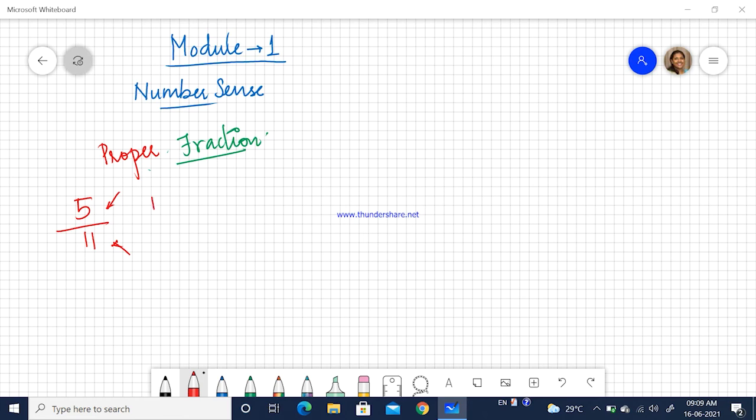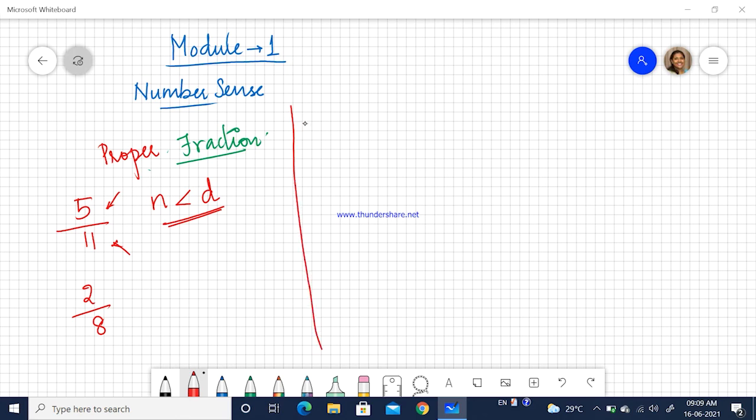Whenever the numerator is less than the denominator, that is a proper fraction. For example, 2 by 8: the numerator is less than the denominator, so it's a proper fraction.